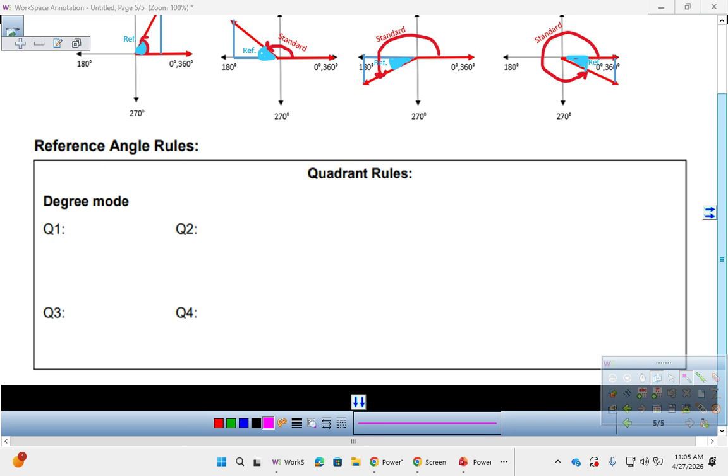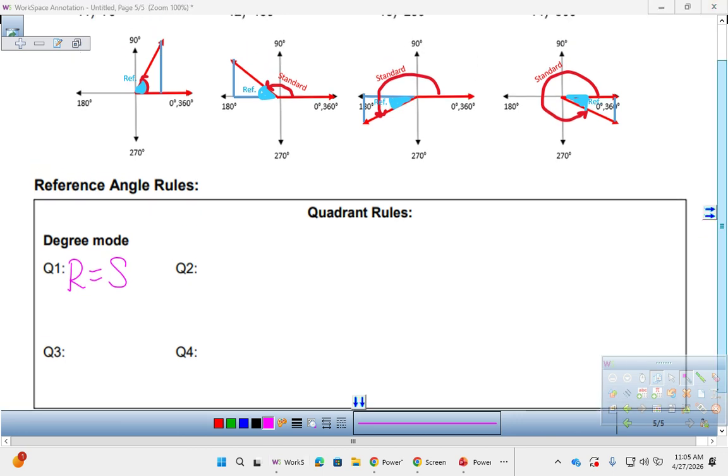So we're going to do the degree mode side. Every angle we've graphed so far has been in degrees. So we're going to stick to the degrees. Eventually we're going to graph in radians. But for right now, quadrant 1, that reference angle we were looking for was equal to the standard angle. Okay, so if you look at my picture, the blue angle was the reference and the red angle was the standard. They're the same thing.